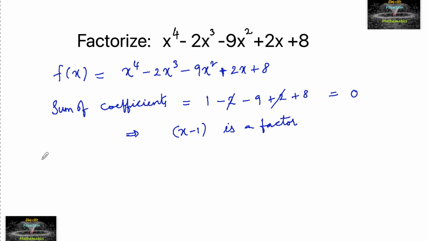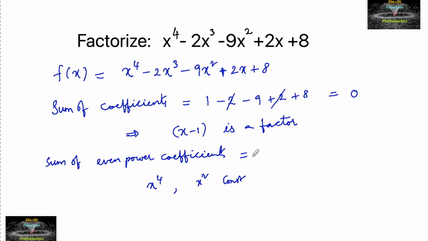And now the next one: the sum of even power coefficients. Even powers are the x power 4 term, the x square term, and the constant term.